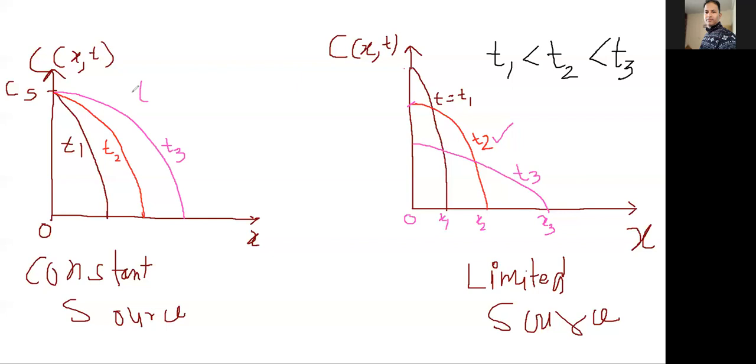Again, t1 is less than t2 and t2 is less than t3. These are the three different dopant profiles for successive time values, and this is how you can visualize the difference between constant source diffusion and limited source diffusion.